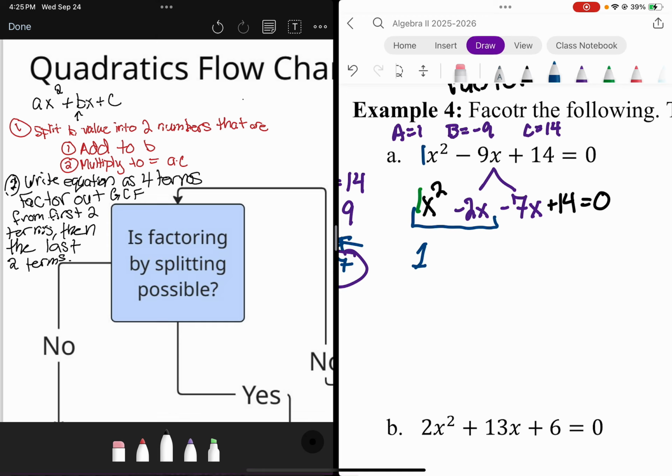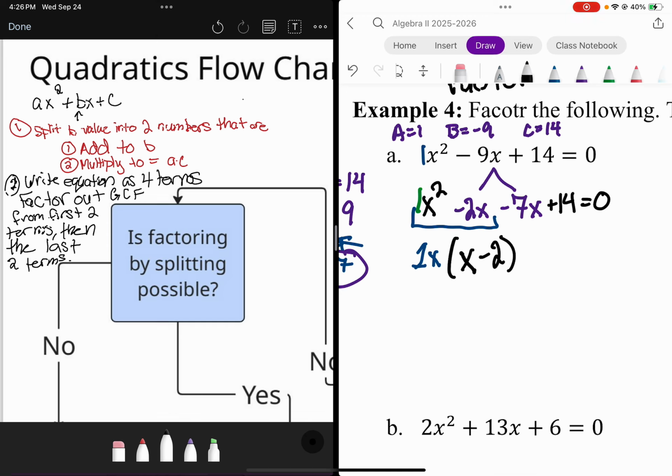Looking at this, we have an x squared and a minus 2x. That means we can take out 1x, or an x, from that set of parentheses. So if we are factoring out an x, it's like we're dividing by what we factored out. So x squared divided by a 1x, we would be left with x. A -2x divided by a 1x, we would be left with a -2.